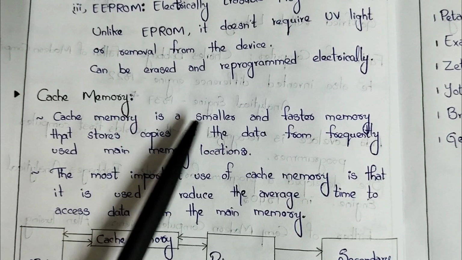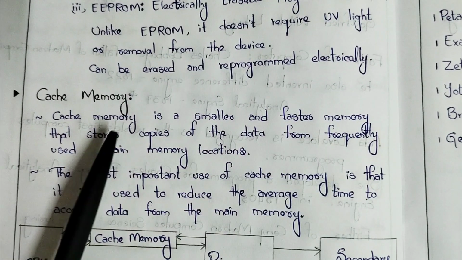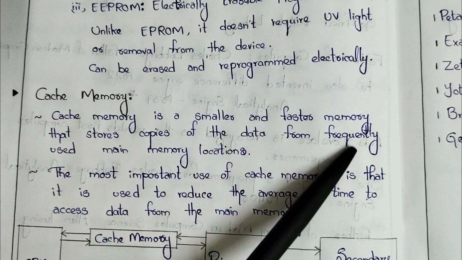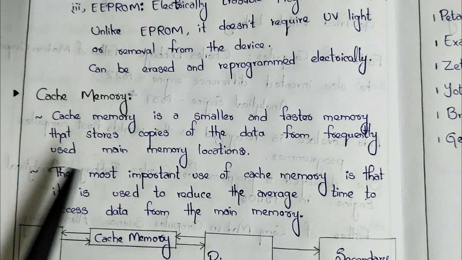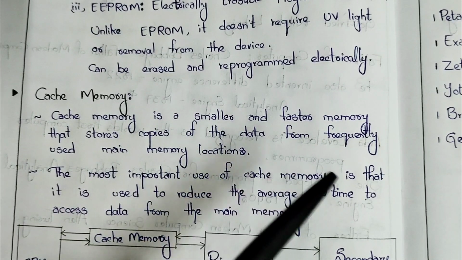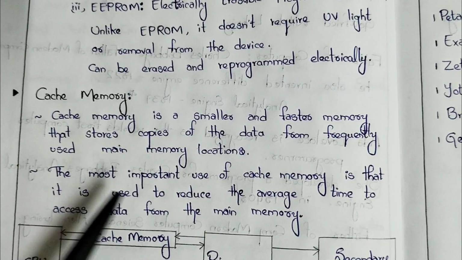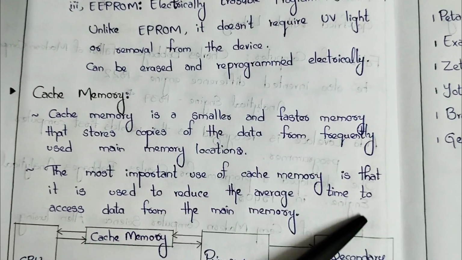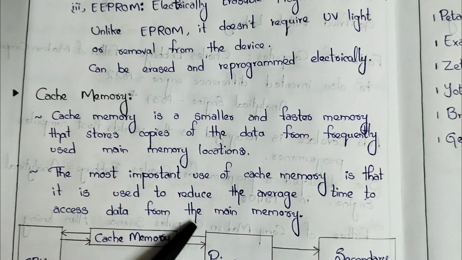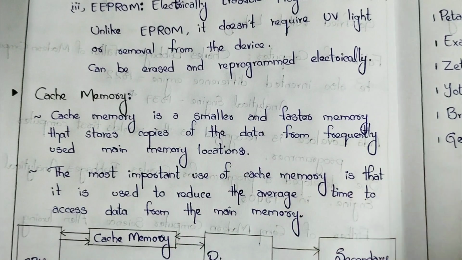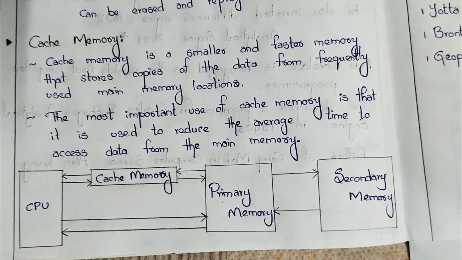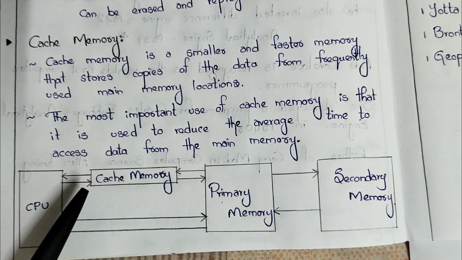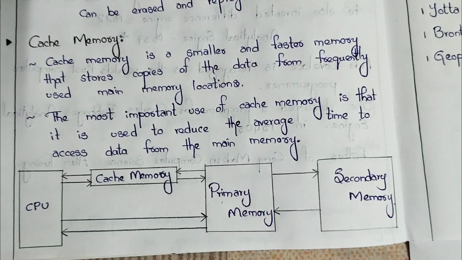Cache memory is a smaller and faster memory that stores copies of data from the frequently used main memory locations. And the most important use of cache memory is that it is used to reduce the average time to access the data from the main memory. So for a clear understanding, I have even given a diagram here. Just see how the data flows.